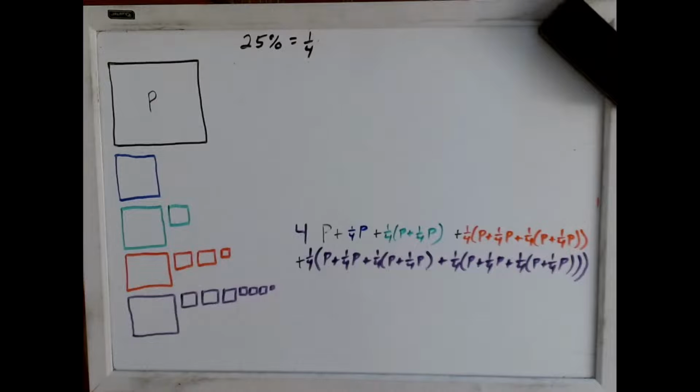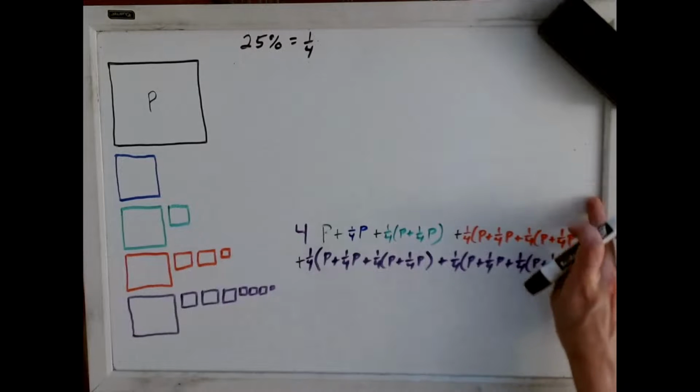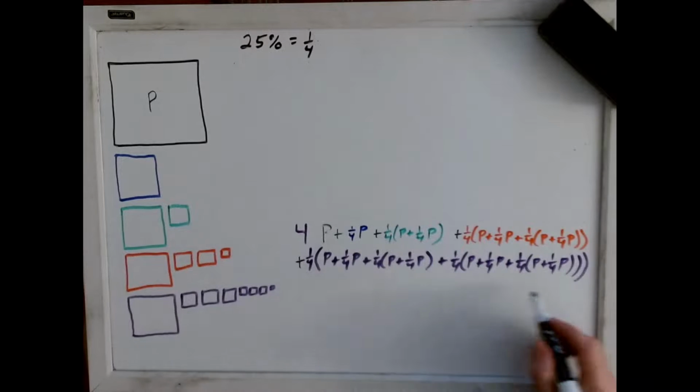I wanted to do another video on compound interest and start to relate this expression here, which is a rather lengthy sum. There's a lot of terms in this one.